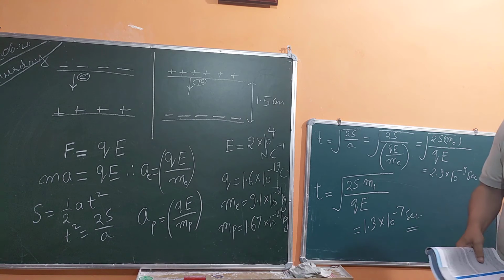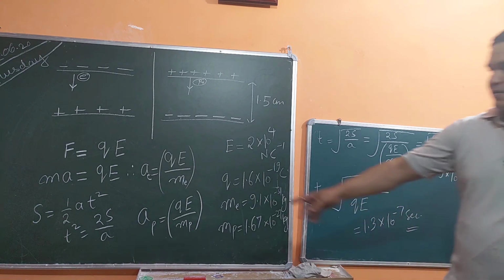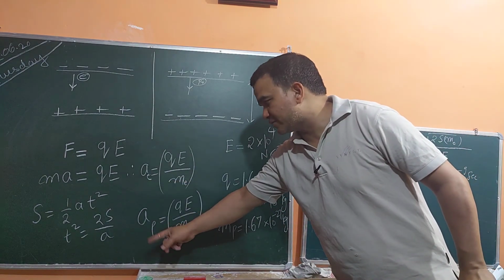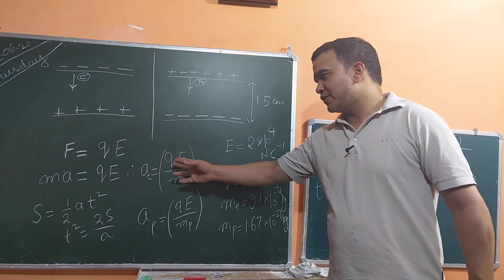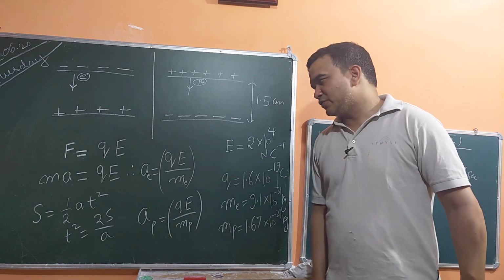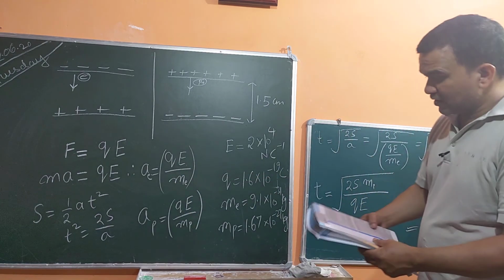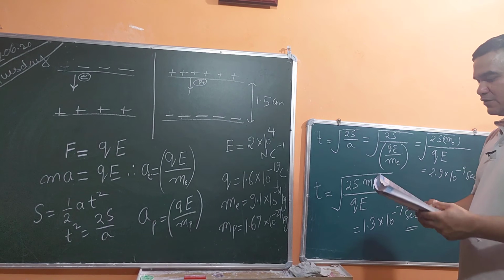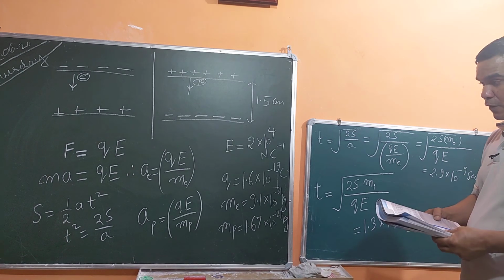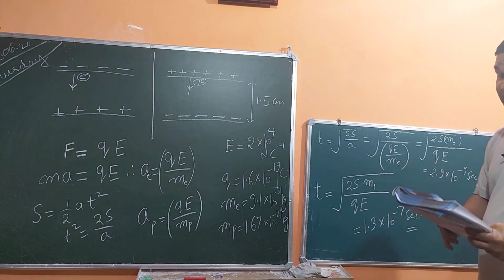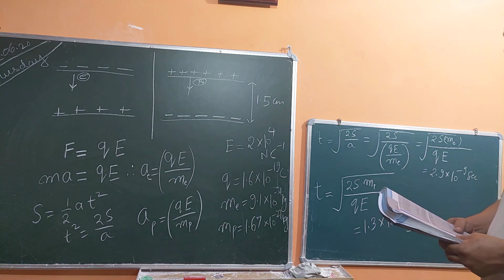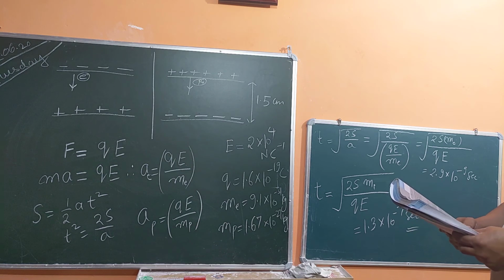Similarly, we can do the calculation for acceleration of electron as well as proton. It is pretty simple. All values are known to us: q, E and m_e. If you do the calculation, for the case of proton, the acceleration would be 1.9 into 10 to the power 12 meter per second square.